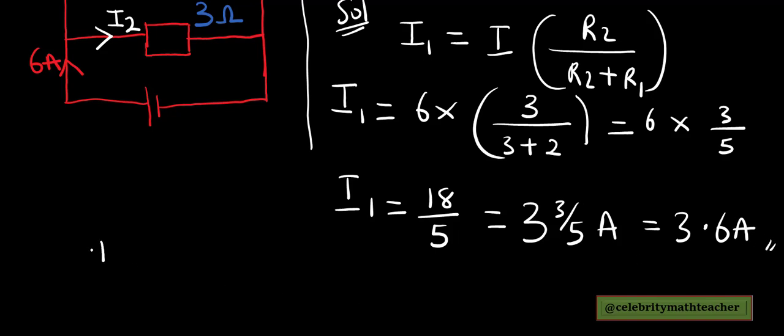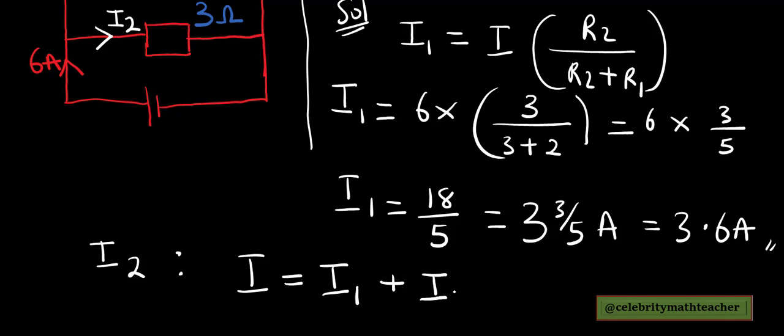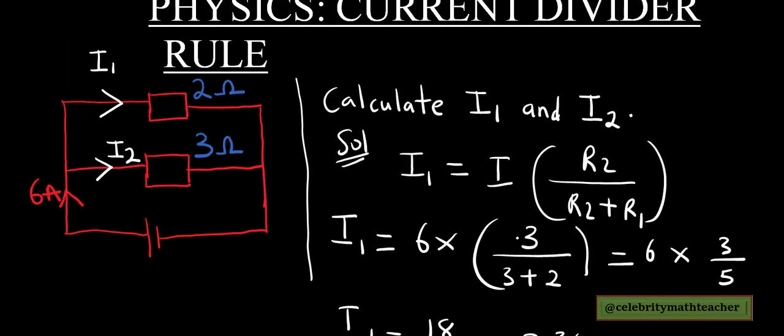So for I2, instead of using the current divider rule, you can get I2 using this idea. The idea is that the incoming current I is always equal to the current in the first branch plus the current in the second branch. It's just like the flow of water in a pipe.